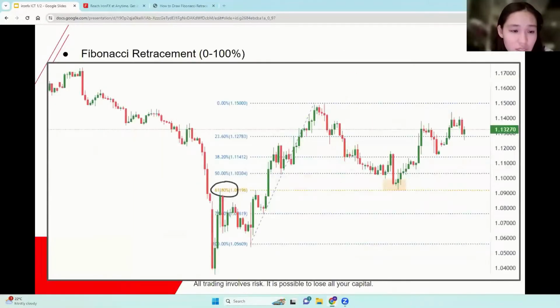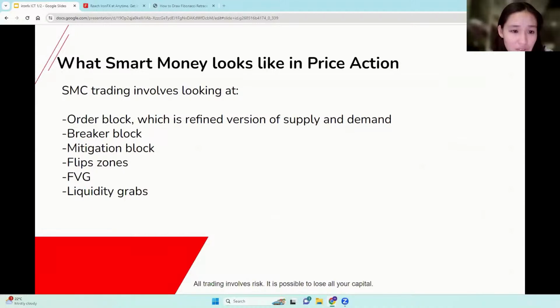Okay, so now let's look at what smart money looks like in price action. SMC trading involves looking at order blocks, which is a refined version of supply and demand of an asset, and then your breaker block or mitigation blocks.